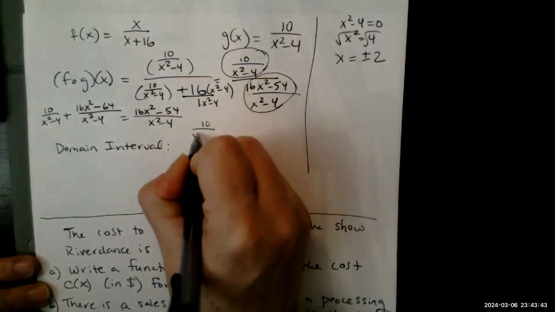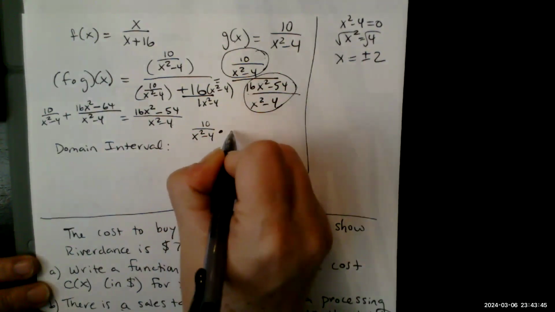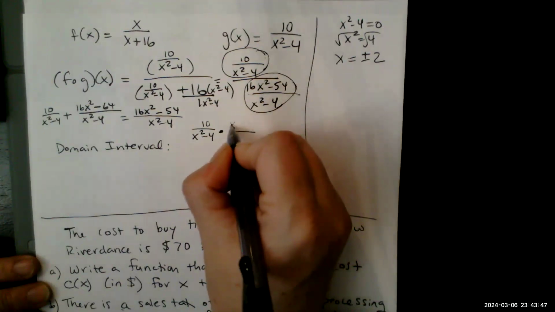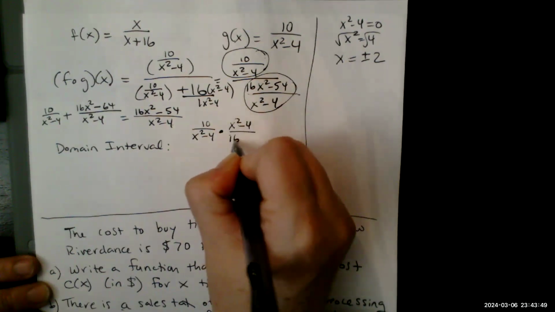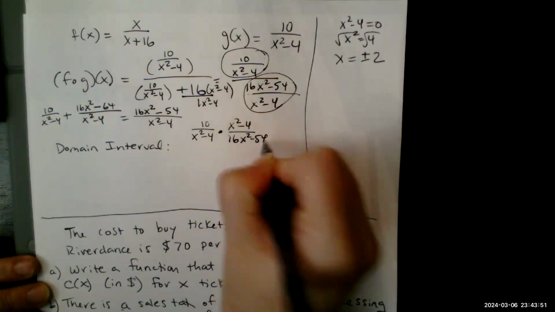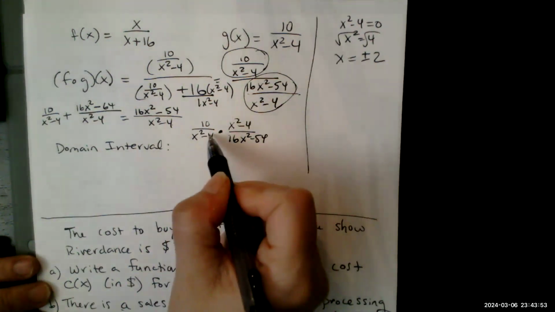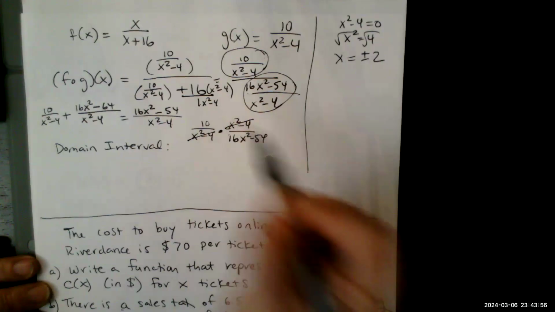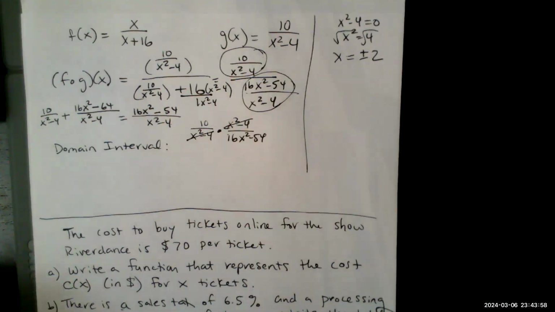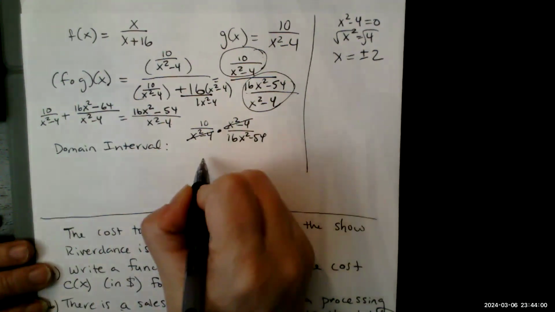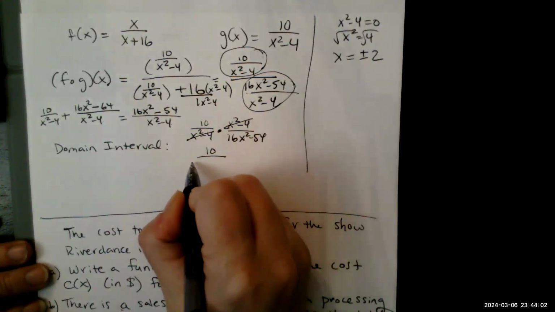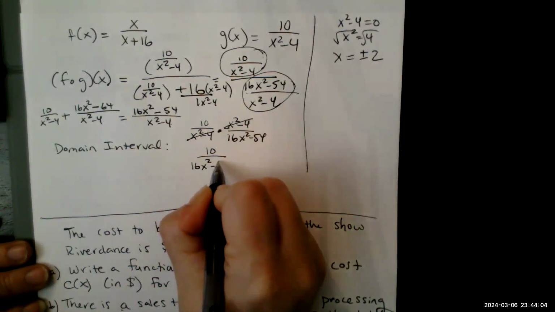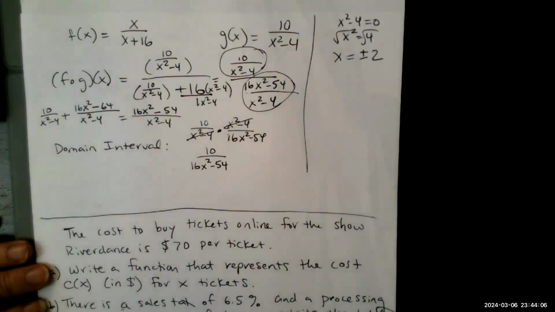So top stays the same. I multiply and flip the bottom. Nice thing about this is I have an x squared minus 4 and an x squared minus 4 diagonal, so I can just cross those out. So I end up with 10 on top, 16x squared minus 54 on the bottom.